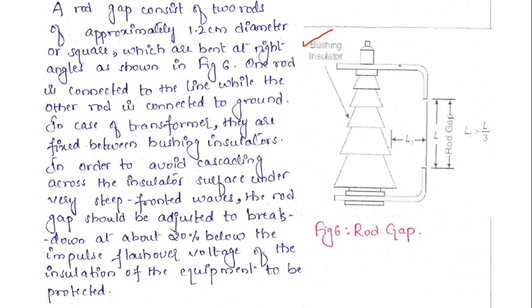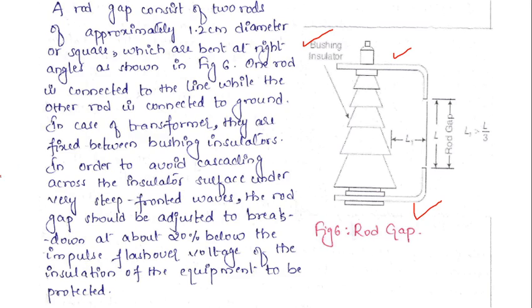These two rods, one at the top and one at the bottom, are made of 1.2 centimeter diameter, either square or circular, and are bent at right angles as shown in the figure. One rod is connected to the line, that is the transmission line, and the other rod is connected to the ground. Whatever we are representing here is for the transformer bushing.